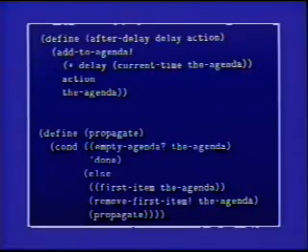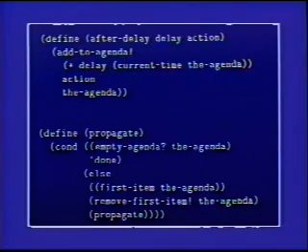Well, how are we going to do this? We're going to make up some mechanism, a fairly complicated mechanism at that, which we're going to have to be very careful about. But after a delay, we're going to do an action. A delay is a number, and an action is a procedure. What that's going to be is they're going to have a special structure called an agenda, which is a thing that organizes time and actions.